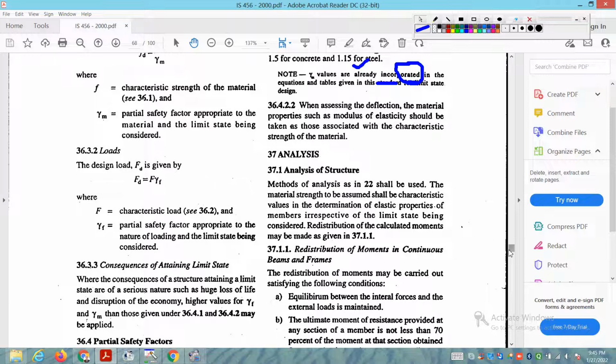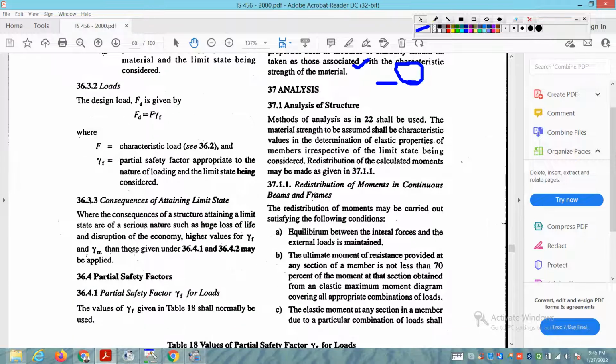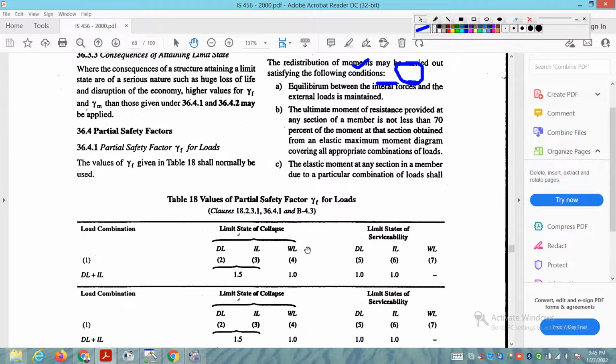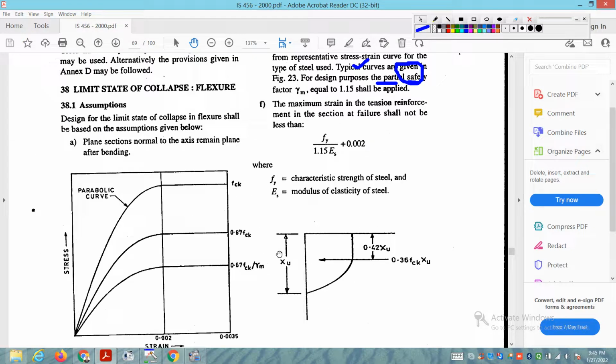So this is analysis of structure. Related to the analysis of structures, a few clauses are mentioned here. Redistribution of moments in continuous beams and frames as per clause 37.1.1 is given here.